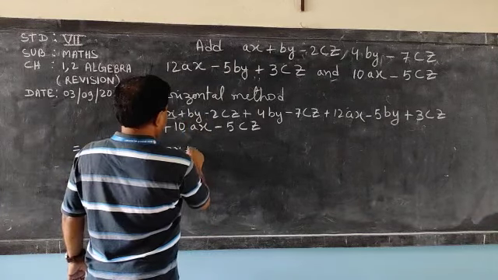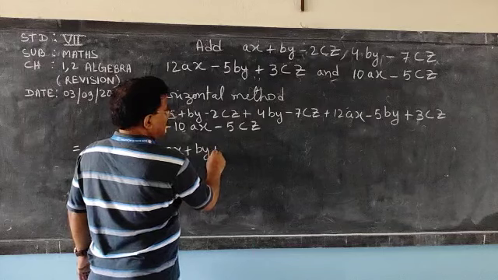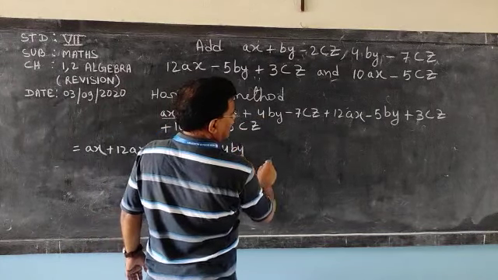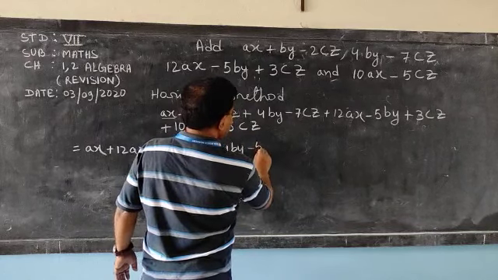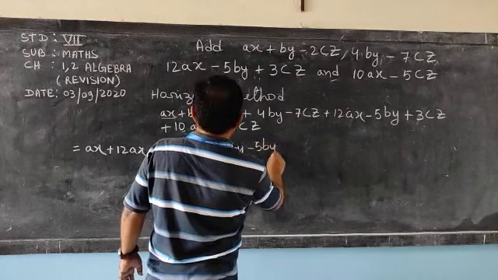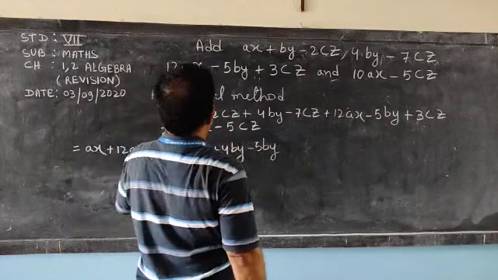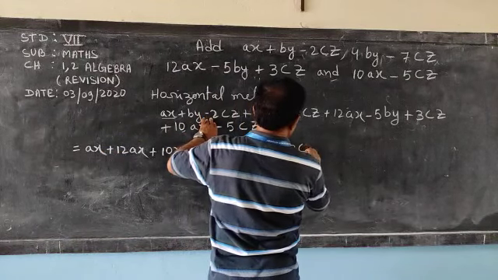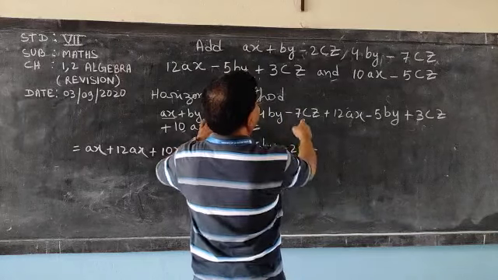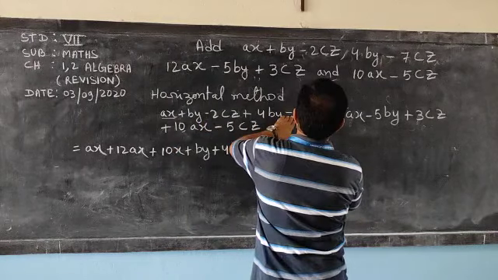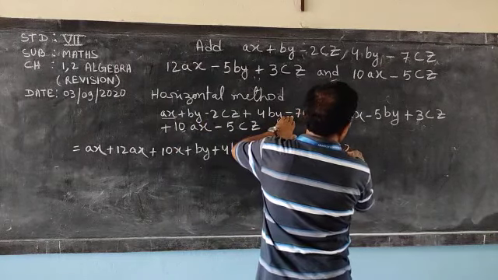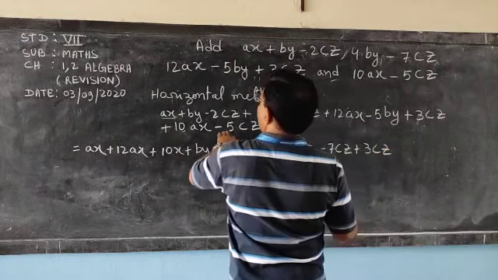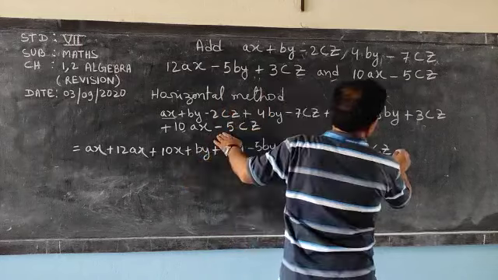Now by: plus 4by minus 5by, and no more by. Then minus 2cz, more cz: minus 7cz plus 3cz and minus 5cz.